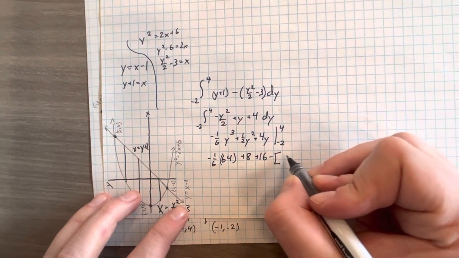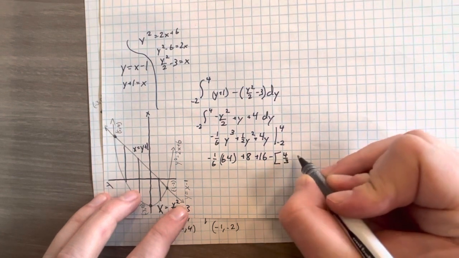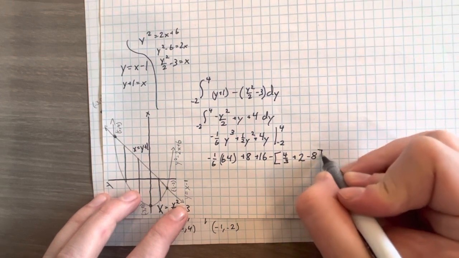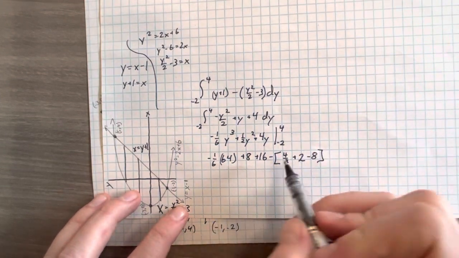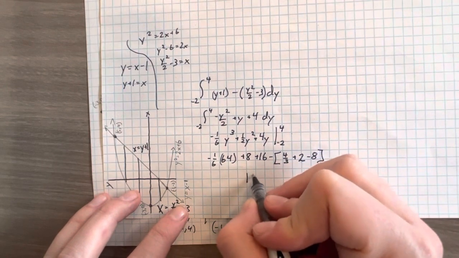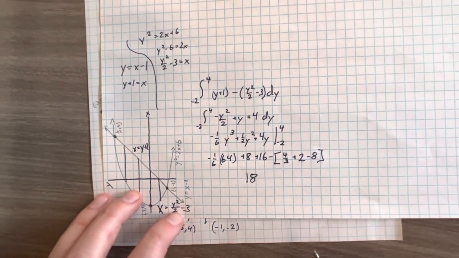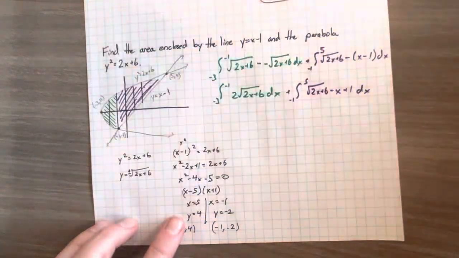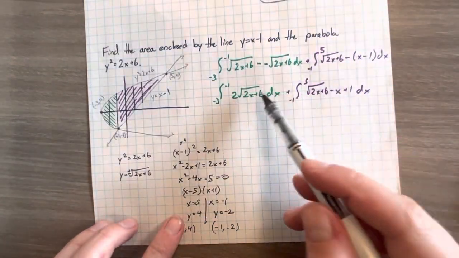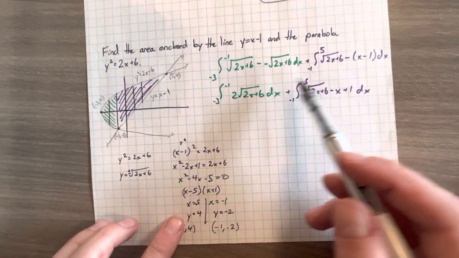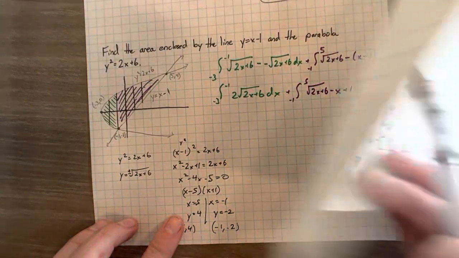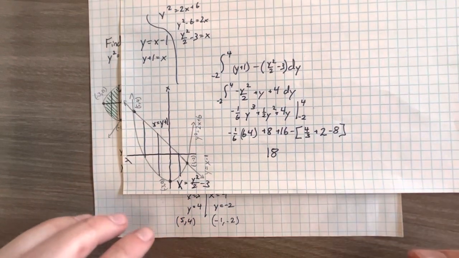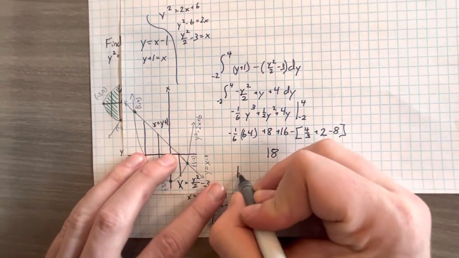This is going to end up being 4/3 plus 2 minus 8. We go through and do all this arithmetic, and this comes to 18. So this is a lot easier than doing the u-sub that we would have had to do over here. If you'd gone through and done both these integrals and done the arithmetic correctly, you would have also arrived at an answer of 18.